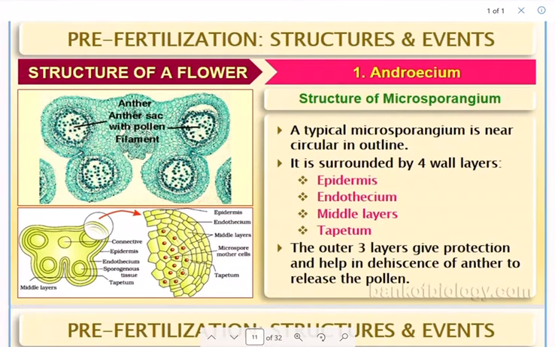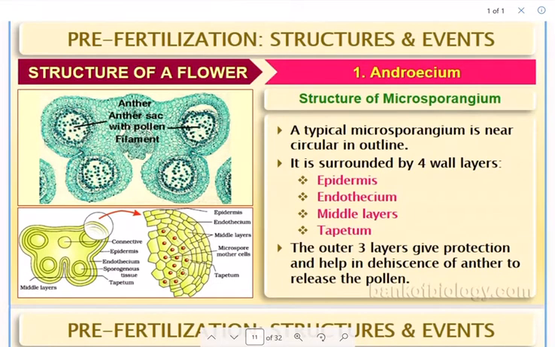And then when we talk of the microsporangium, further when we go interior, a typical microsporangium is near circular in outline. It appears like a round structure and it is surrounded by 4 wall layers, as you are seeing. First one is epidermis, the outermost one. Second one is endothecium, the inner layer.